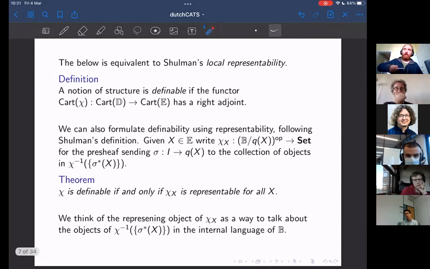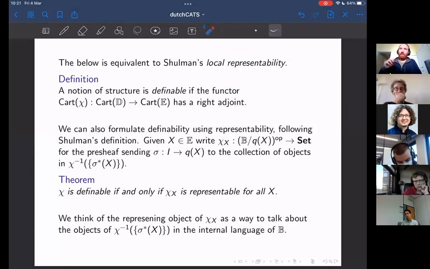Right, and then amongst notions of structure, we can talk about the definable ones. This is equivalent to what Mike Schulman called local representability, but I'm going to try out a different name.